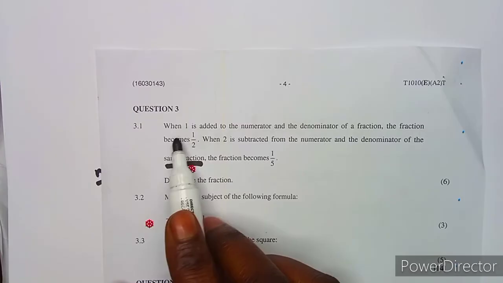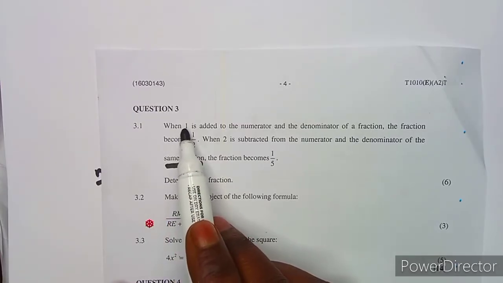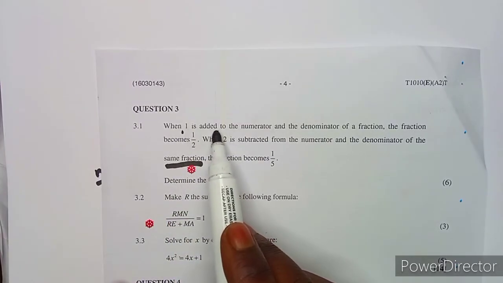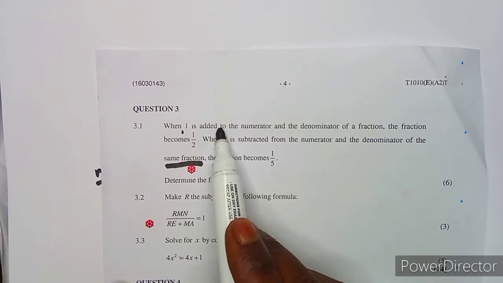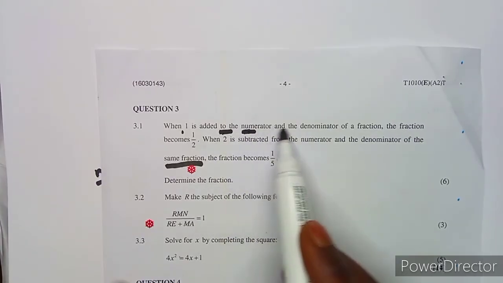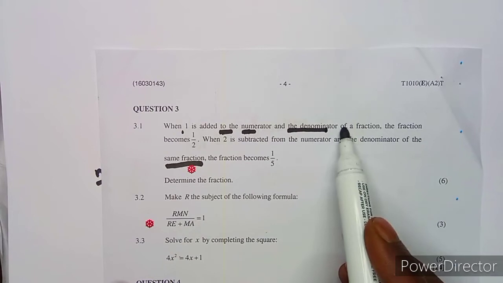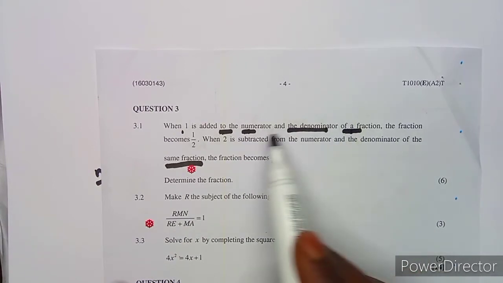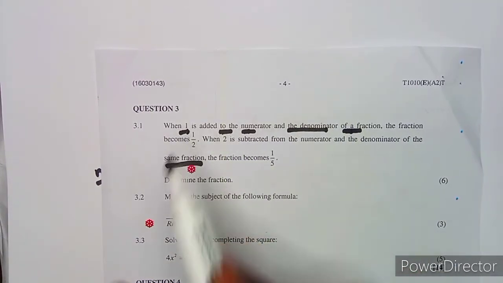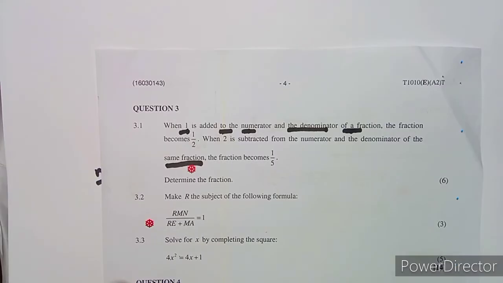Now the condition is, when 1 is added, take note, where is 1 added? It is added to the numerator and the denominator of a fraction. So 1 was not only added to the fraction, it was added to both the numerator and the denominator.